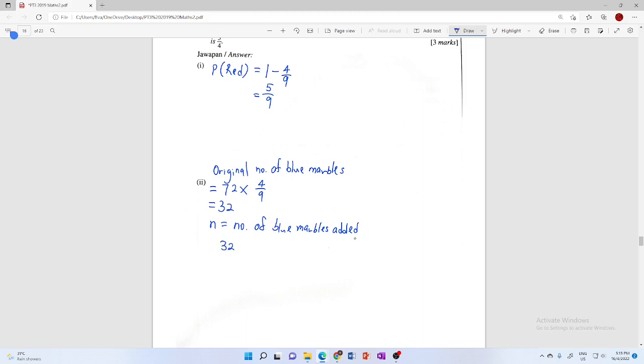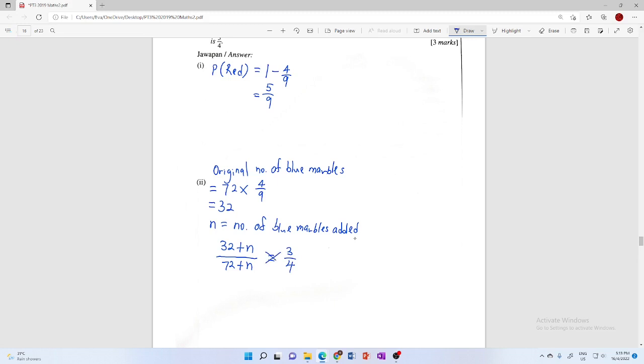Blue marbles is 32 plus n now, and the total is 72 plus n number of blue marbles added. That equals 3/4.